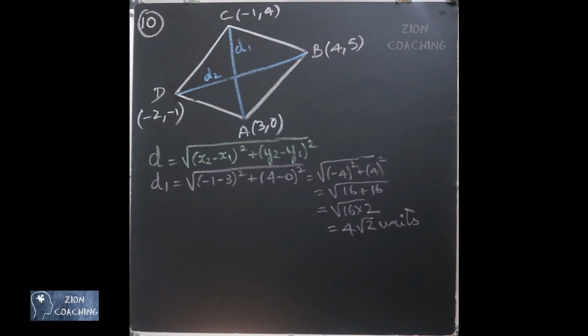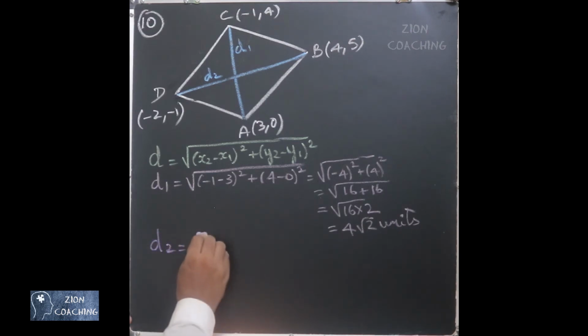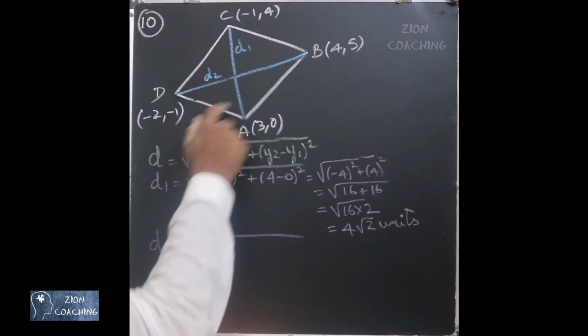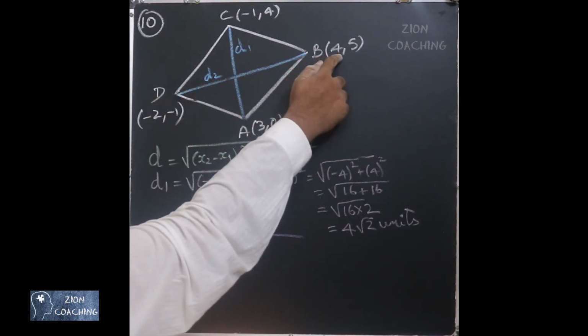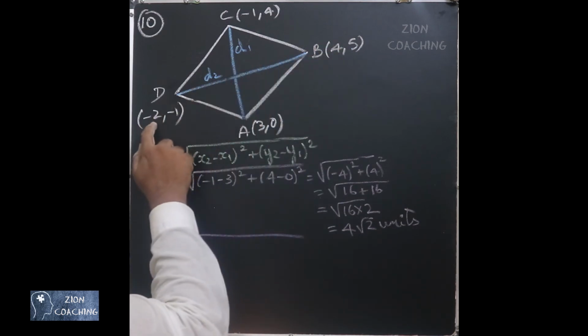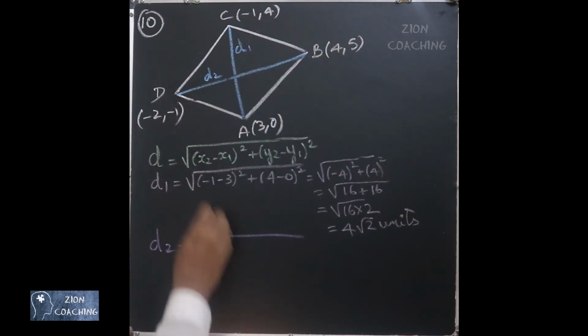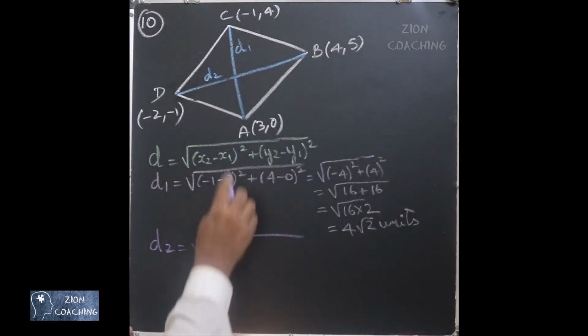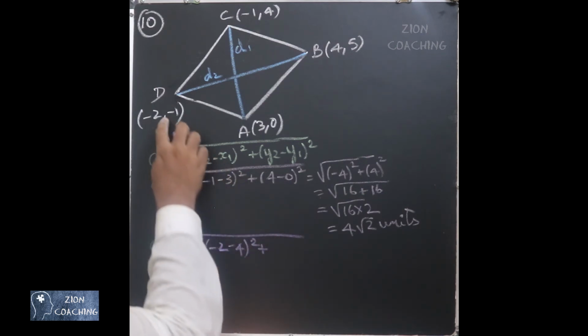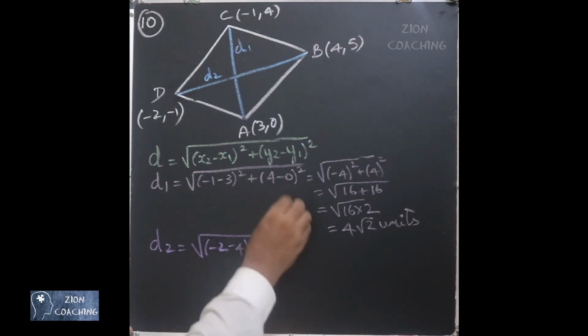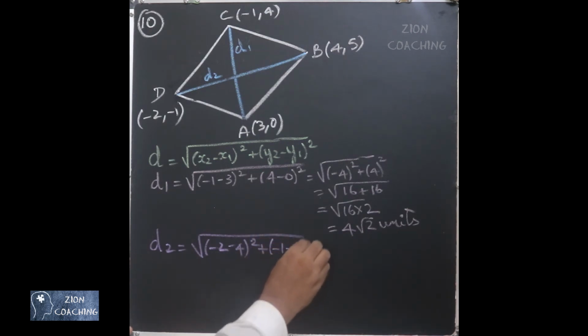Next we are going to find D2. For D2 we are going to consider the diagonal BD. This is your x1, y1, this is your x2, y2. So (x2 minus x1) the whole square plus (y2 minus y1) the whole square.